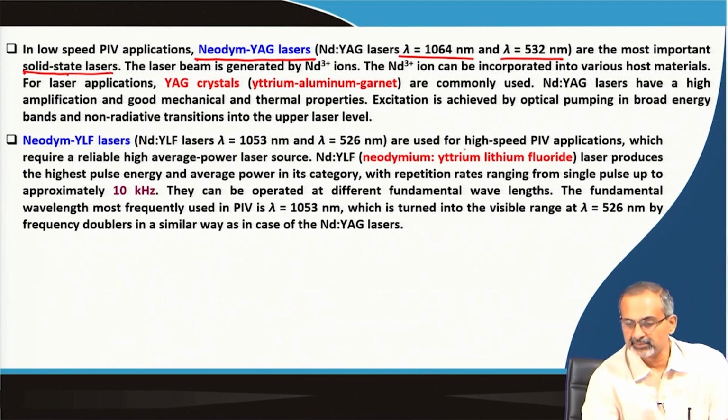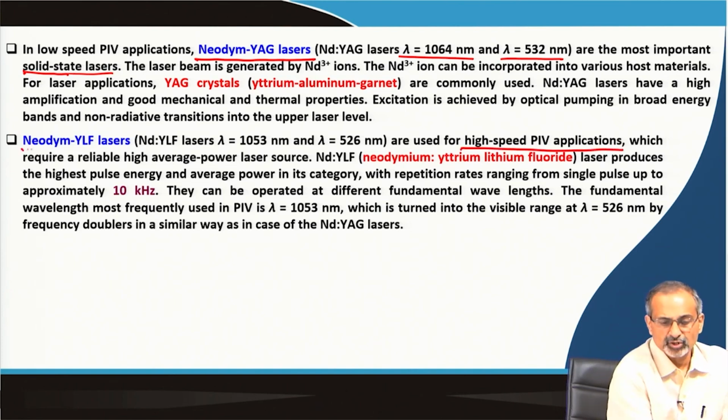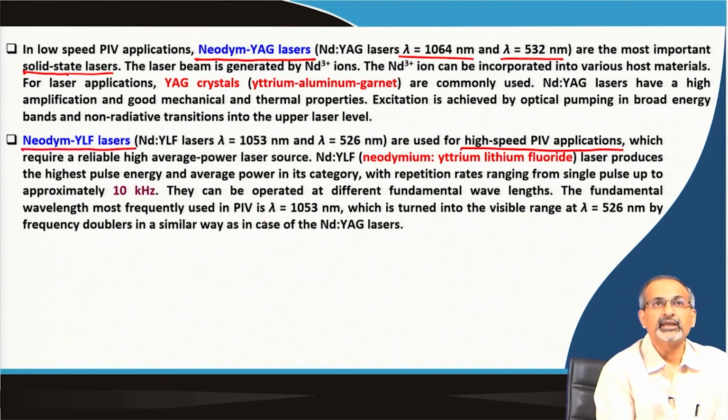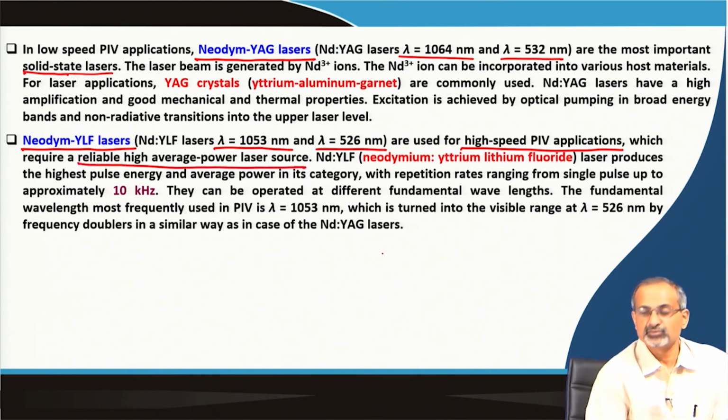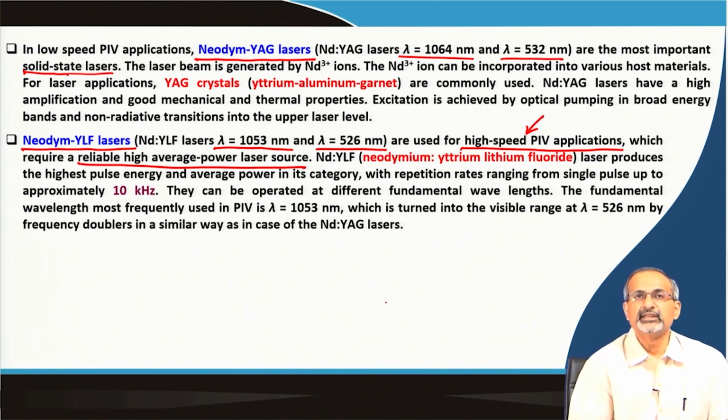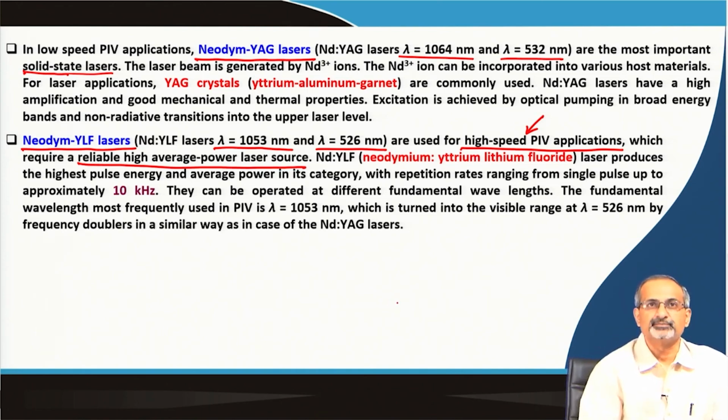When it comes to high speed PIV applications, the choice would be neodymium YLF lasers with lambda of 1053 and 526 nanometers. They of course require a reliable high average power laser source. YLF stands for yttrium lithium fluoride. These lasers produce high pulse energy and average power in their category, with repetition rates which can go up to several kilohertz.